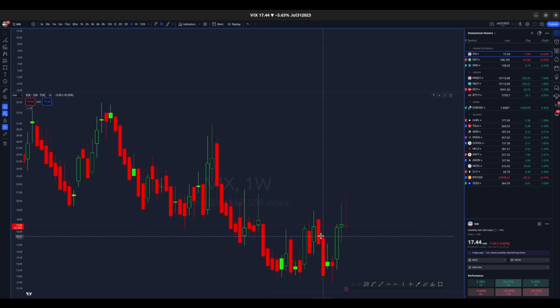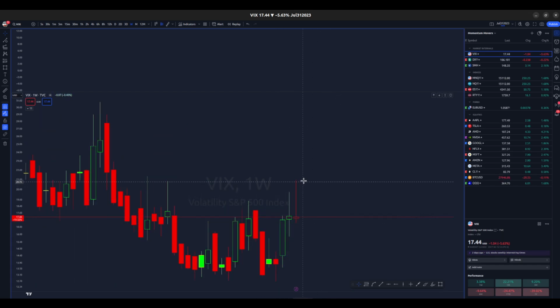Getting right into it. Looking at the VIX, we have a higher high, and then after this high we have a higher low. We can denote those with the presentation utensil.